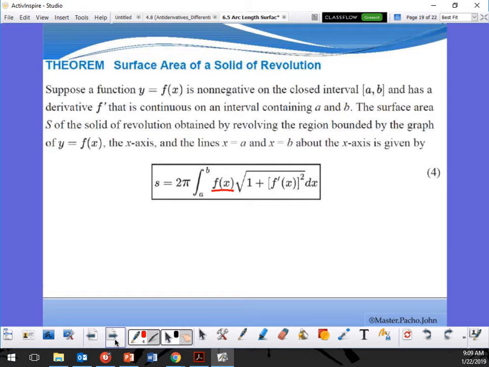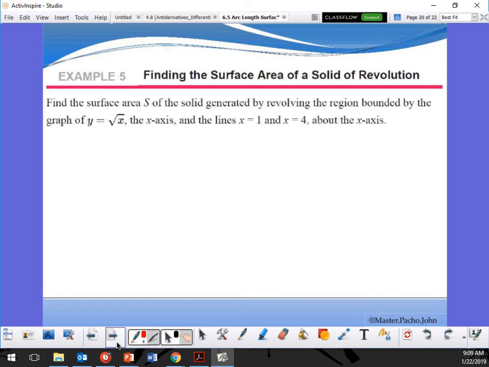These are things you have to try and keep on top of. All right, so find the surface area S of the solid generated by revolving the region bounded by this graph, the x-axis, x equals 1 and x equals 4, about the x-axis. Let's take a little sketch.